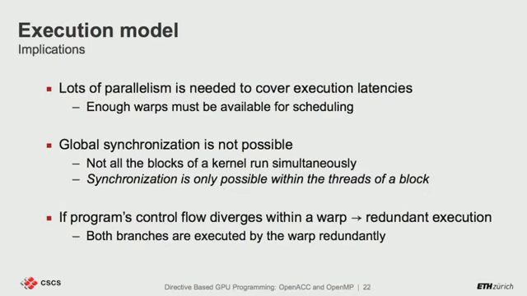So this model might seem a bit complex. Well, at least it's a bit different from what we have learned so far, and it has some implications as well. As I have accentuated before, we need lots of parallelism. We need to have lots of available warps. So you can't go with 10 threads.